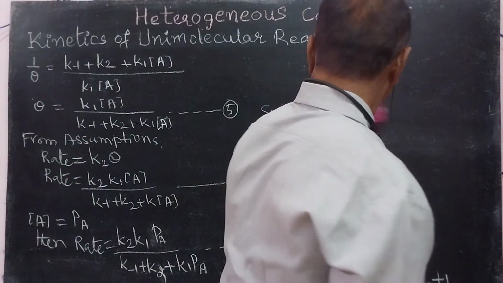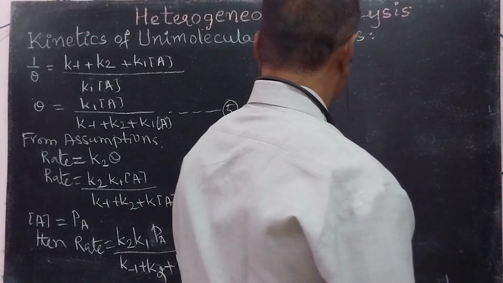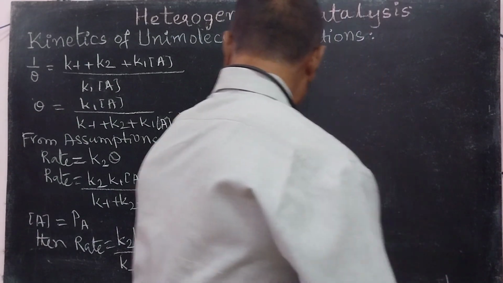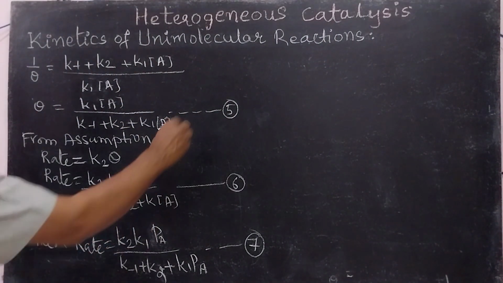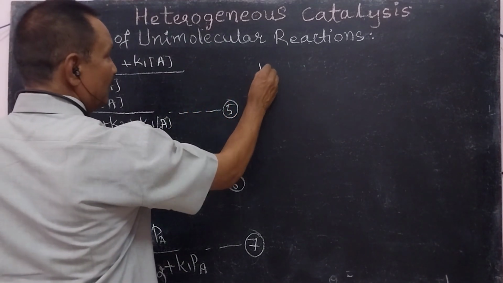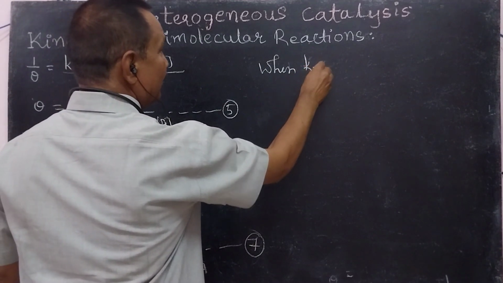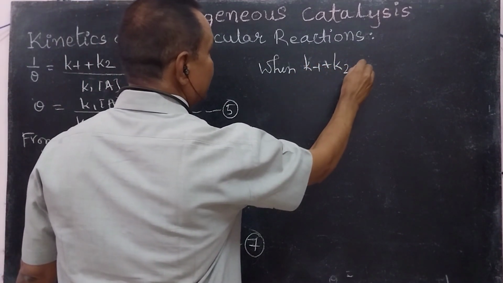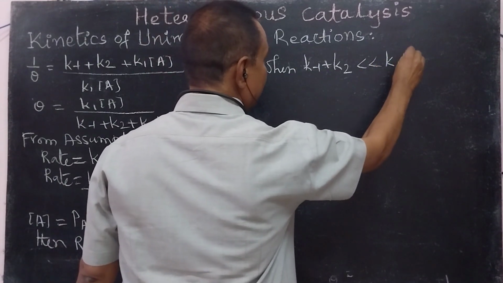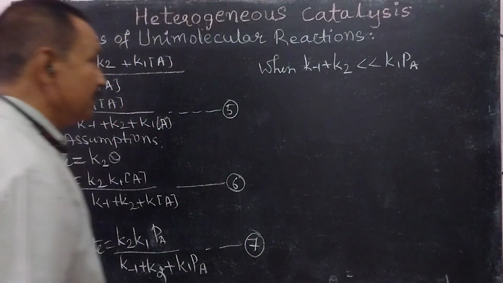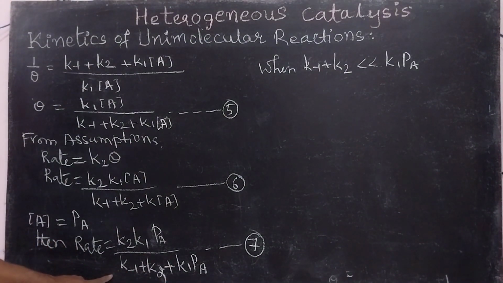Now about the conditions, cases. Case 1: when Pa is very very small, that is applying the condition when K minus 1 plus K2 is very very smaller than K1 into Pa. K1 into Pa, which is larger? This is larger. This is negligibly small.